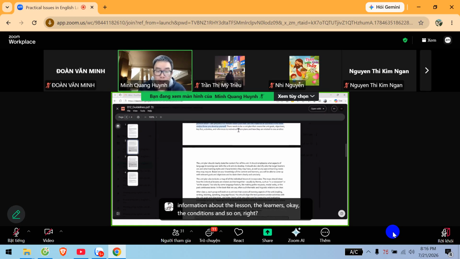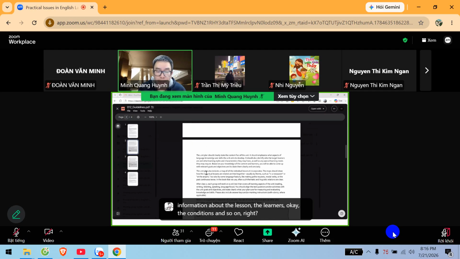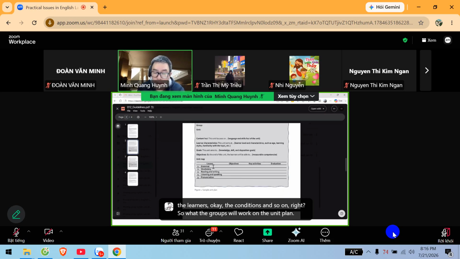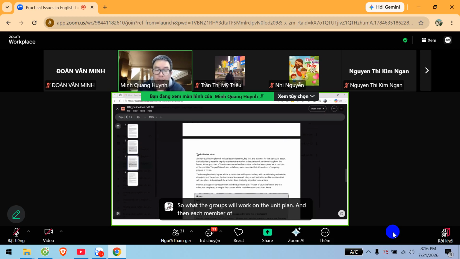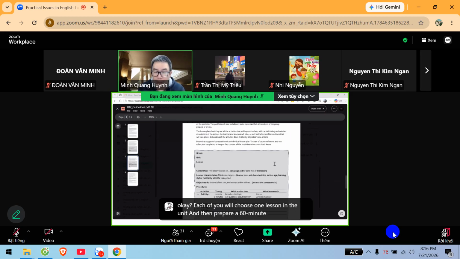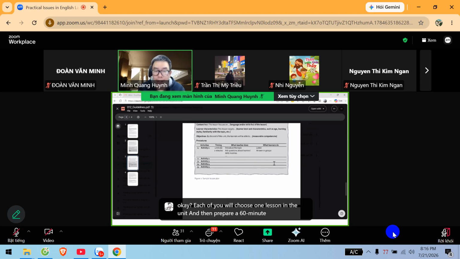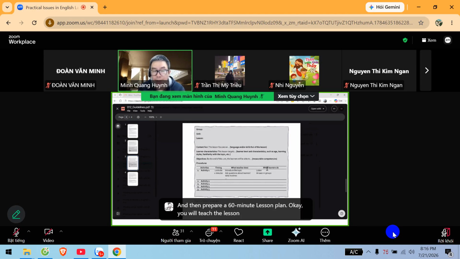So the groups will work on the unit plan, and then each member of the group will work on the individual plan.